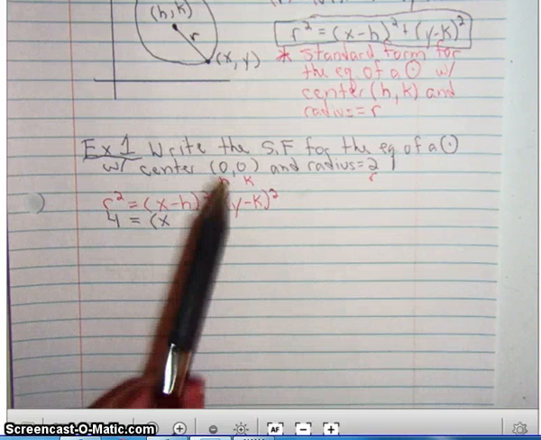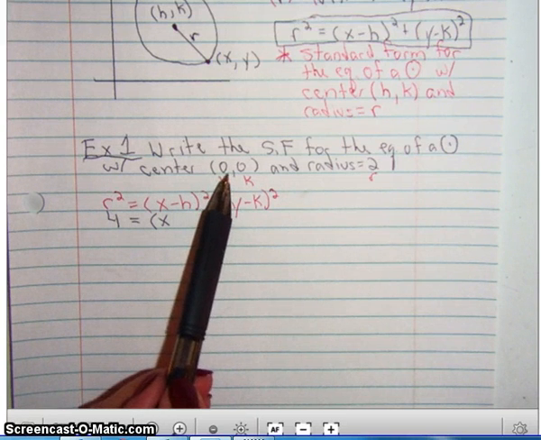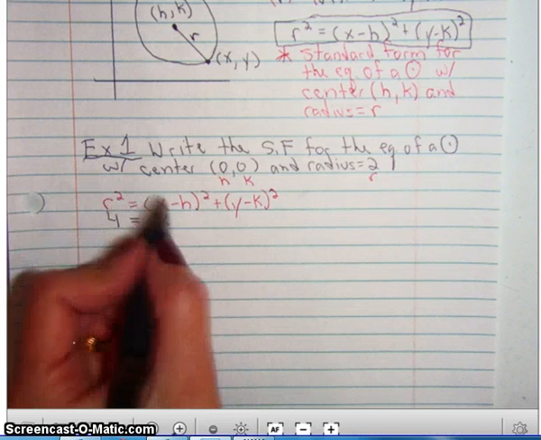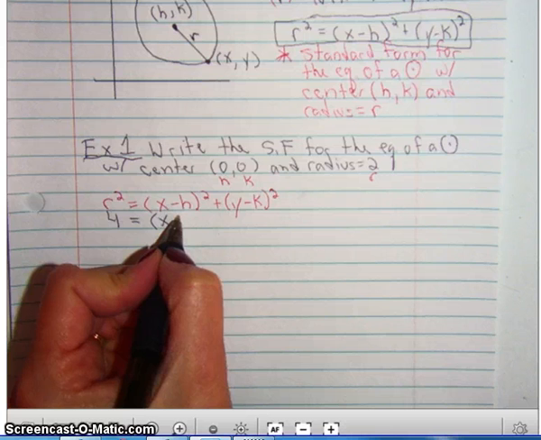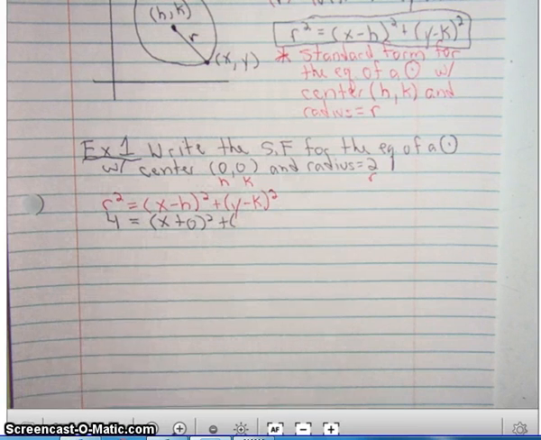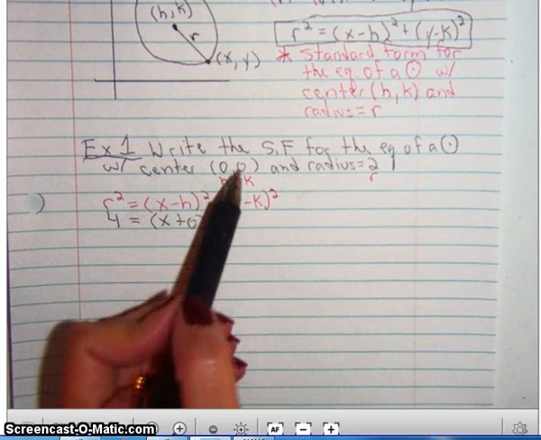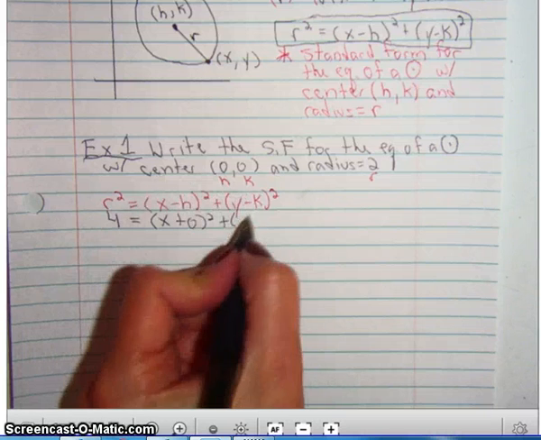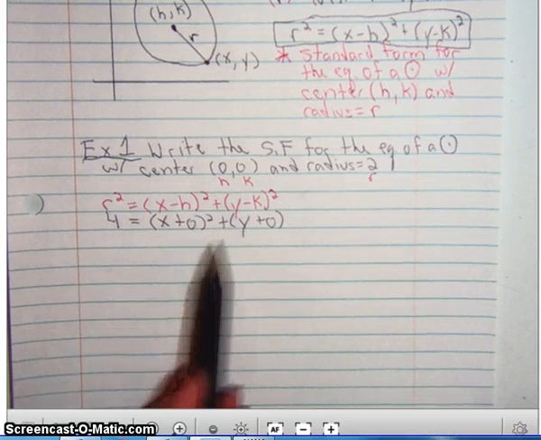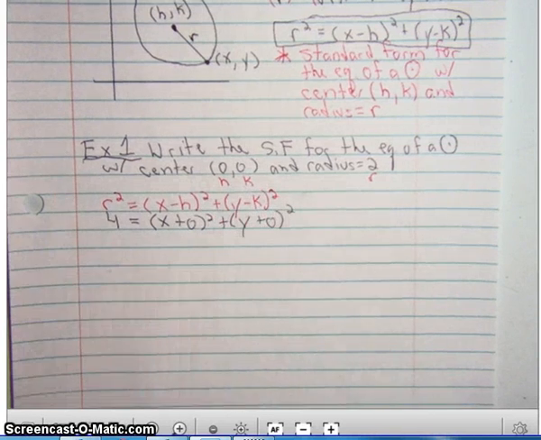And then, Sierra, we're going to put in the opposite of h, which is the opposite of 0, which is 0. Yeah, it's a trick question. You did that so well, Sierra. Opposite of k, so opposite of 0 is 0. It doesn't matter if you write plus 0 or minus 0, it's the opposite of 0.